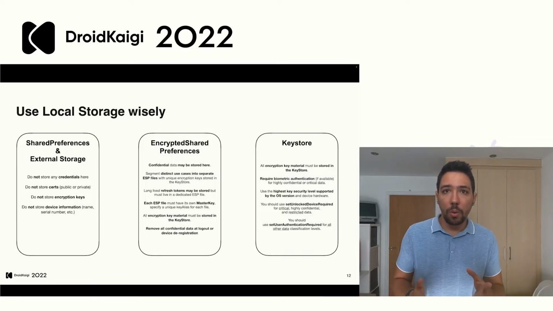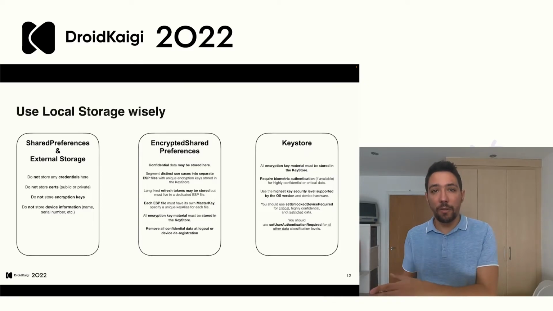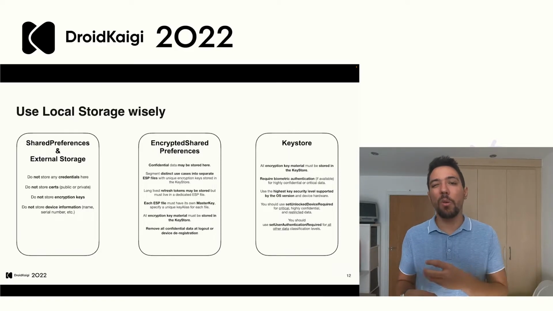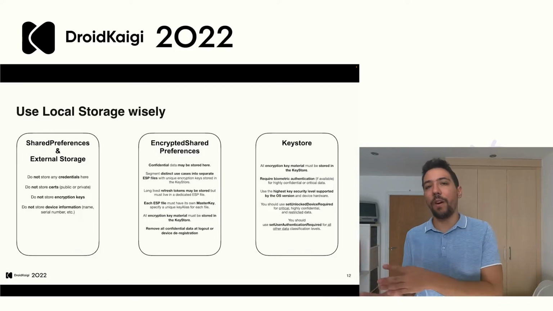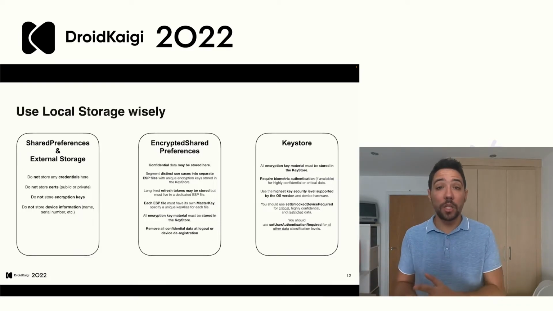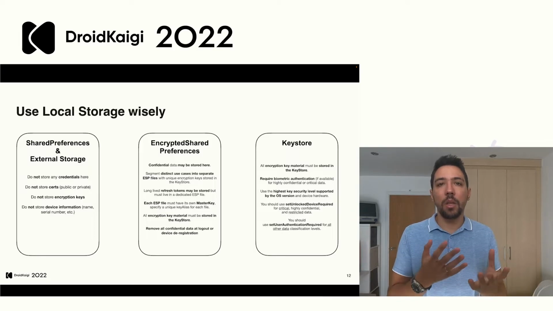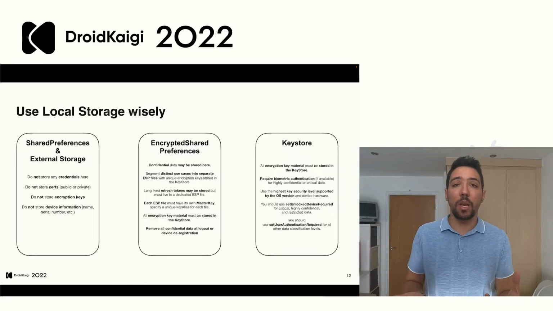Something you should always be mindful of is that you should use a different ESP file, which is the actual encrypted shared preference file, for each of the valuable items that you want to store, or each of the categories of valuable items. And each of the ESP files should have a different master key, which is really important, because if one ESP file is decrypted, you could not decrypt the rest of the ESP files with the same master key.